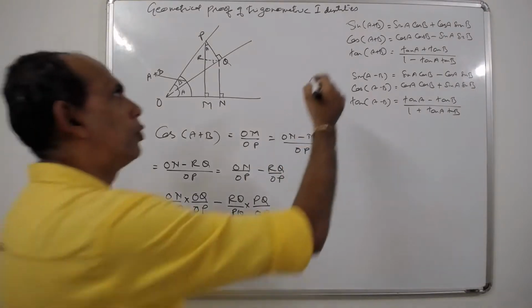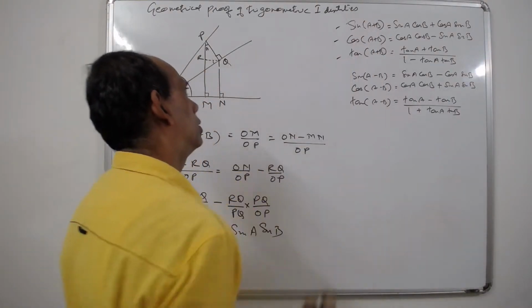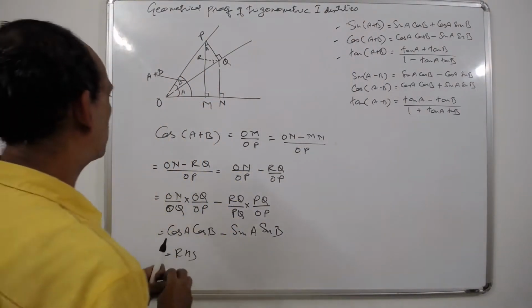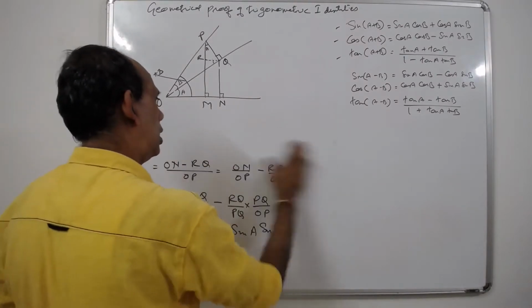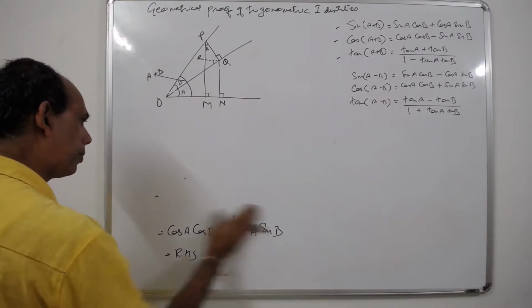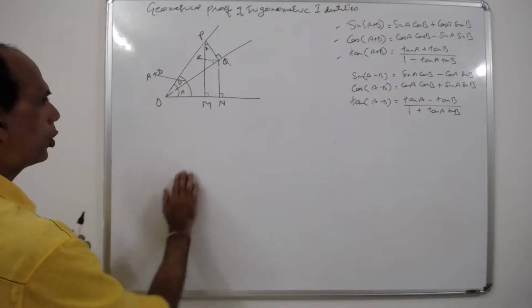Okay. Let's go for the third one. This is done, so let's go for the third one, tan of A plus B. How do you get tan of A plus B? Again we are talking about the bigger angle.